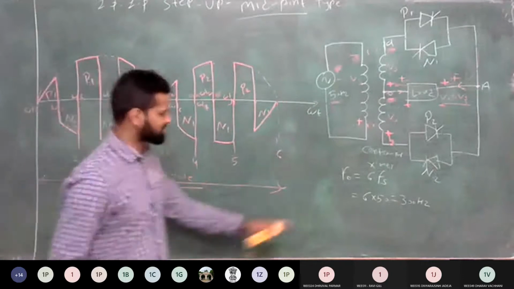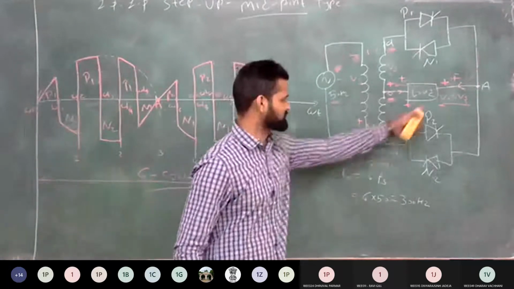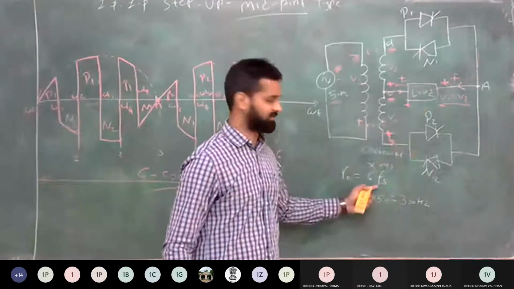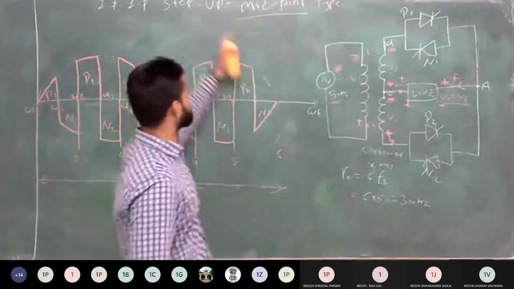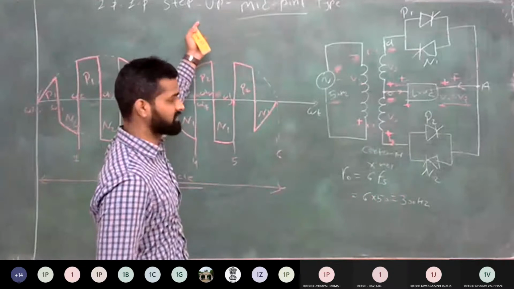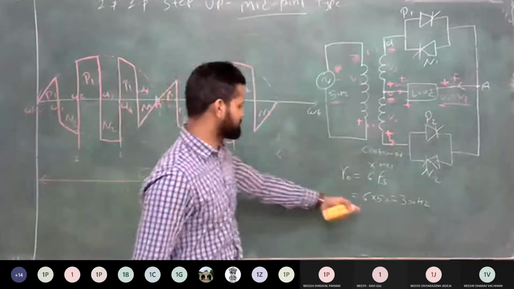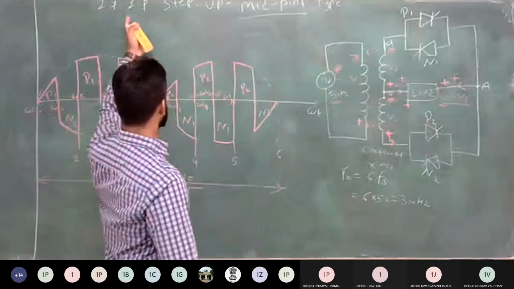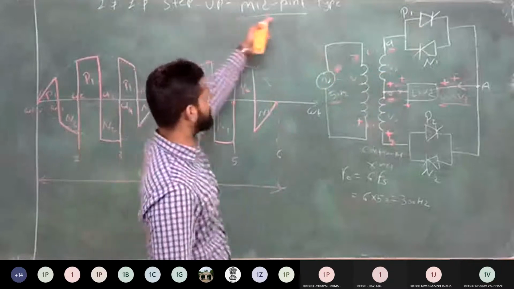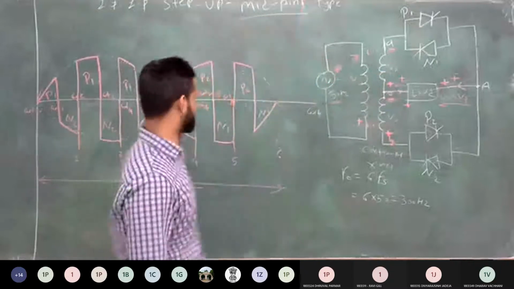So it means I convert the output frequency at the load side to 6 times Fs, which means 300 Hz. That's why it is called a step-up cycloconverter, and we get this frequency by using the midpoint configuration. So it is called a single-phase step-up midpoint type configuration.